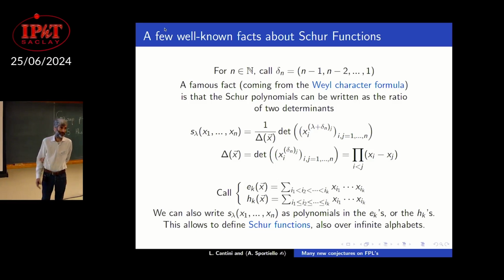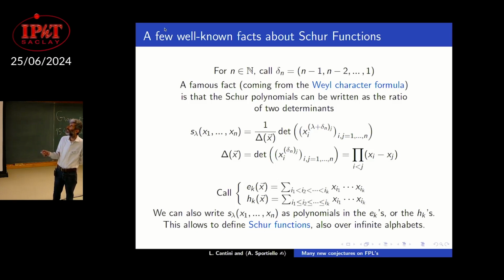Schur functions. I don't know how long I should be on that. I will try to be quick, but I have to say those minimal things that will go over to something different. So, of course, the Schur polynomials can be given by the Weyl character formula, the famous determinant of those powers shifted divided by the Vandermonde.